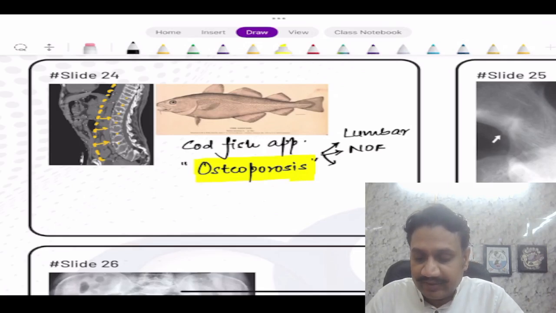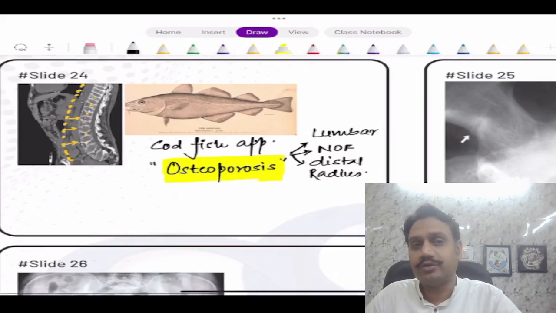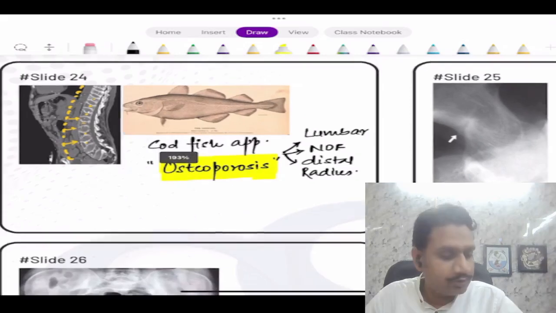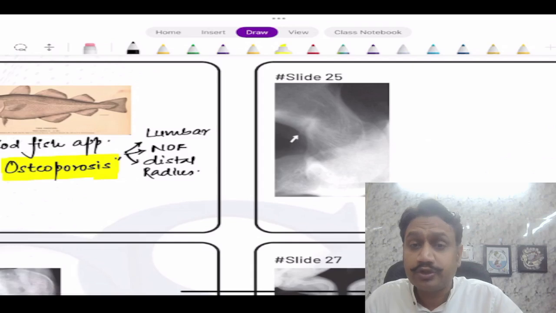And then the third most common area is the distal radius. So these are three areas most often involved in osteoporosis: lumbar vertebra, neck of femur, and distal radius. Perfect.